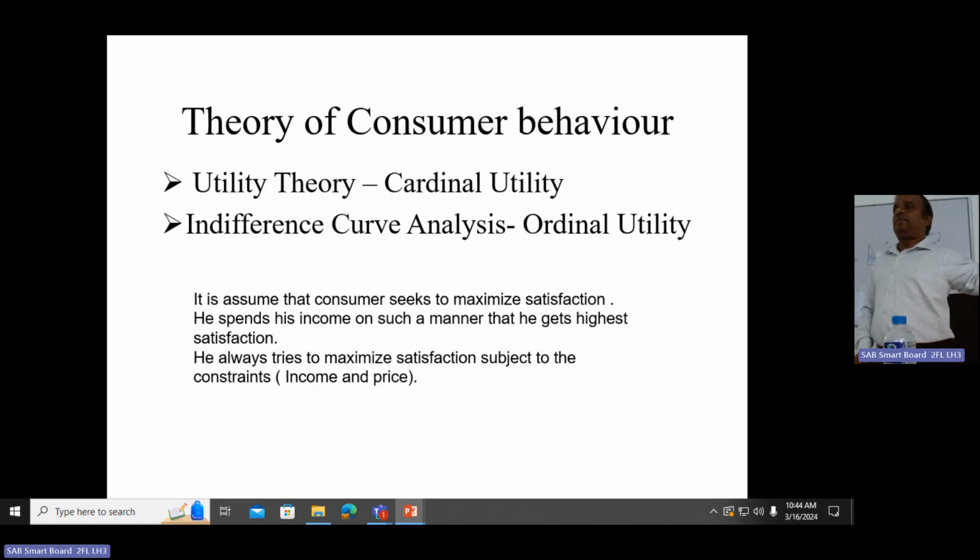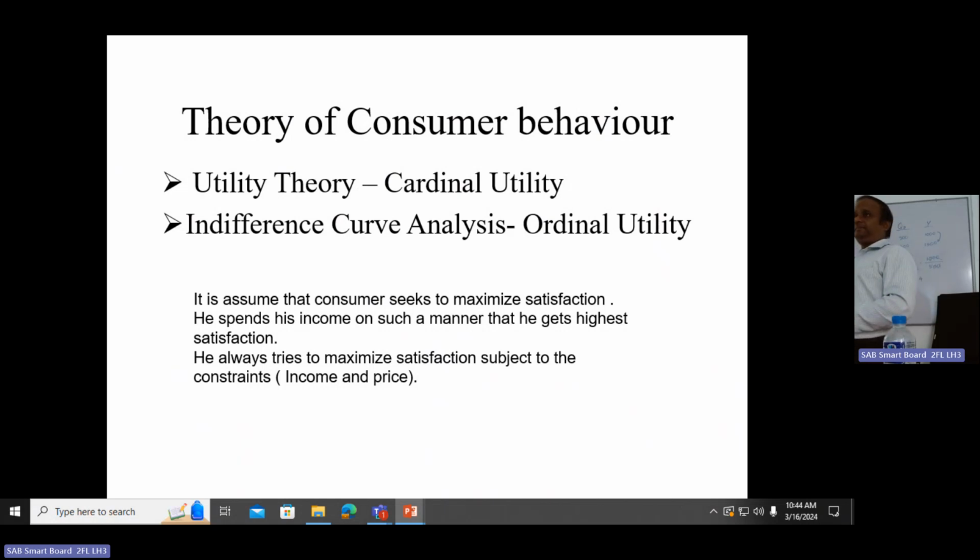When you talk about the theory of the firm, on the other side, we take a constraint there also. When the producer maximizes profit, he has a certain constraint. So we always talk about constrained maximization. There are some analytical tools also to explain these things, which we will be able to discuss in the latter part, in managerial economics or business economics.